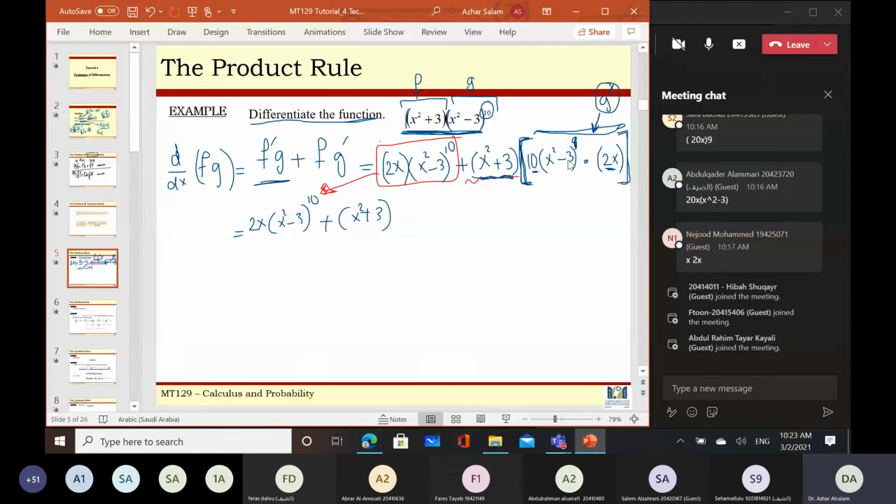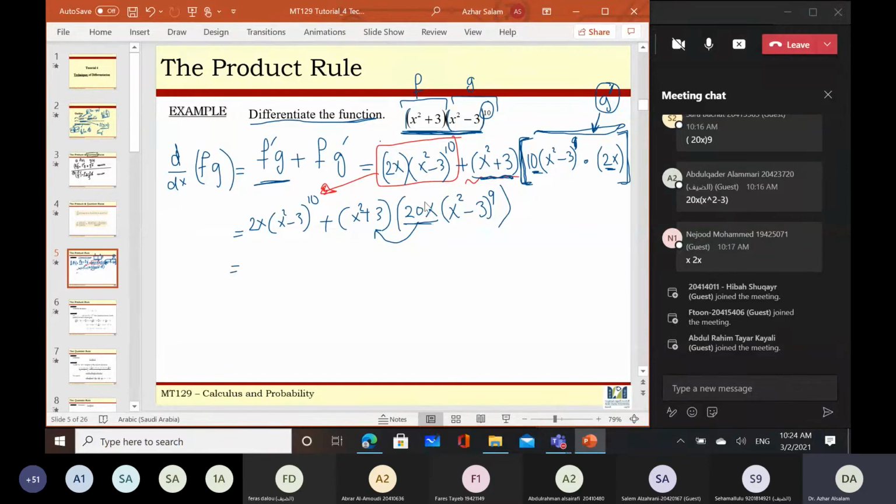When I have brackets multiplied by each other, I multiply the numbers together. 10 multiplied by 2 is 20x, multiplied by (x squared minus 3) all to the power 9. I can stop here, but also I can multiply this in this bracket. Of course I can't multiply the 20x inside this bracket because it is raised to the power 9, and I can't bring anything in from outside before expanding this power. Since it is difficult, I will leave it.